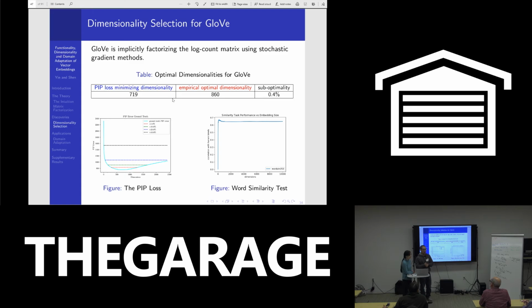That's one way we define the suboptimality when we're using this similarity test. When you use a different test, it can be different. Also, when you have a different test, this number can be different.